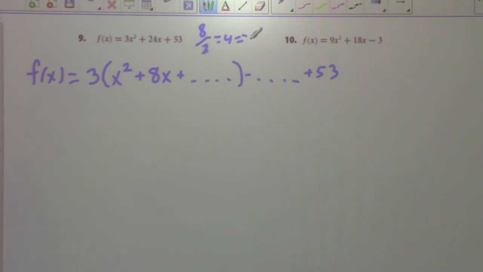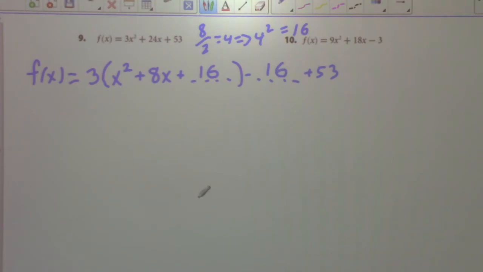And what do we do with this 4? 4 squared equals 16. And so 16 will go right in here. Okay, and what goes out here? 16, like this.